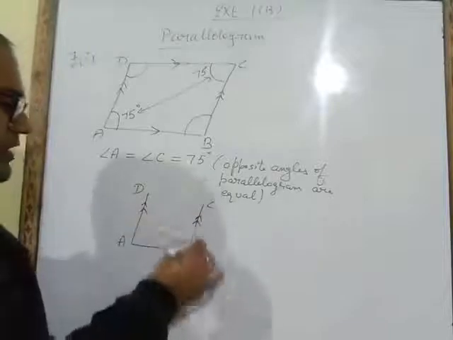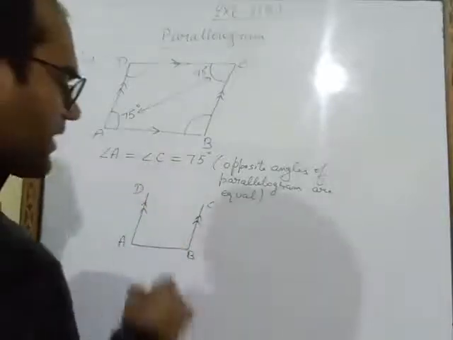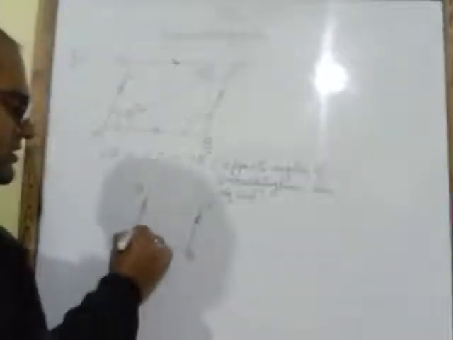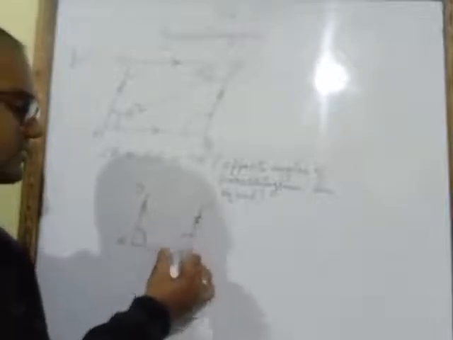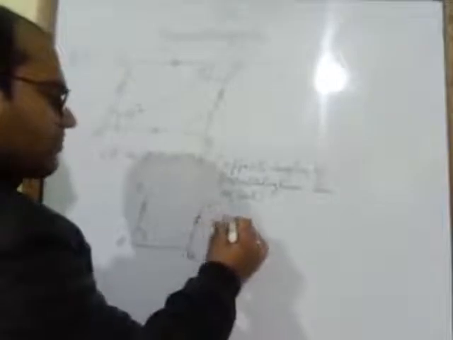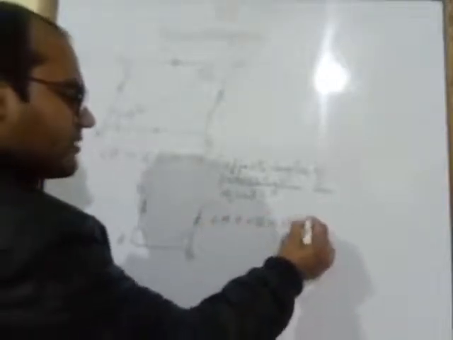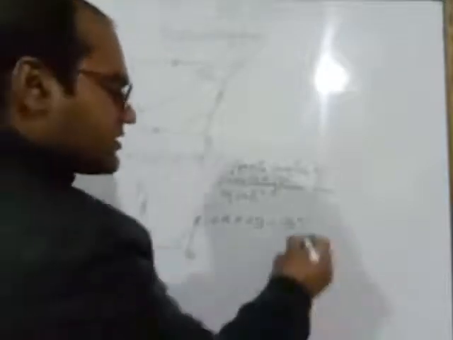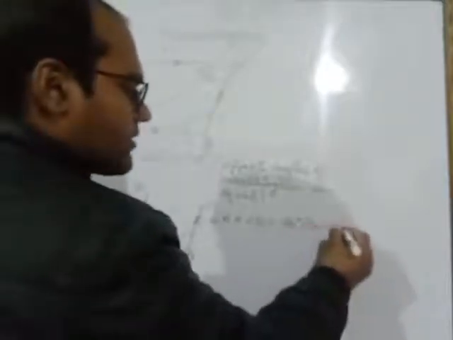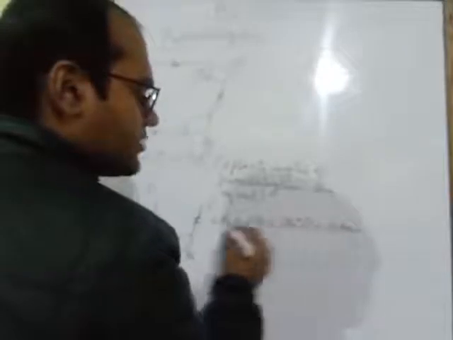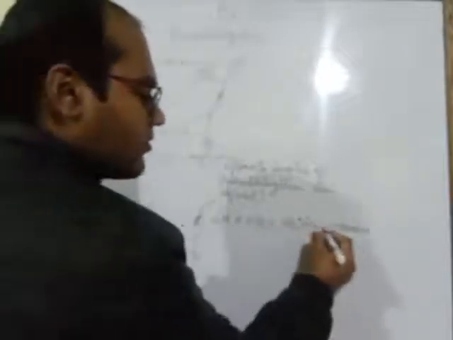In such a figure, where we get a U shape and these 2 lines are parallel, the sum of these 2 angles will be equal to 180. That means angle A plus angle B, the sum of these 2, will be 180 degrees, because the name of the property is co-interior property. These 2 are co-interior angles.